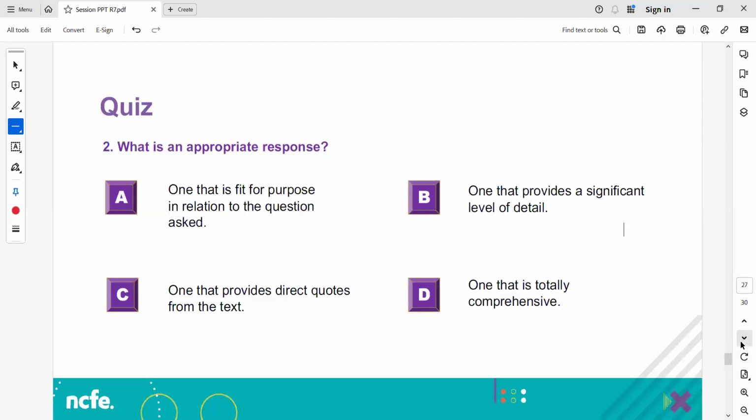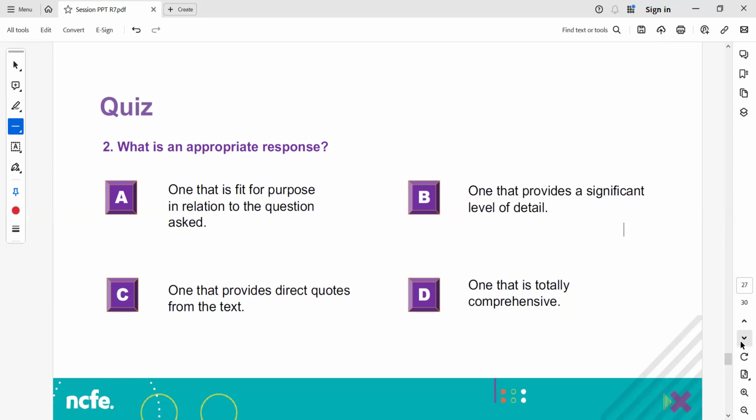Okay. What is an appropriate response? One that is fit for purpose in relation to the question asked, one that provides significant detail, one that provides direct quotes from the text, or one that is totally comprehensive.